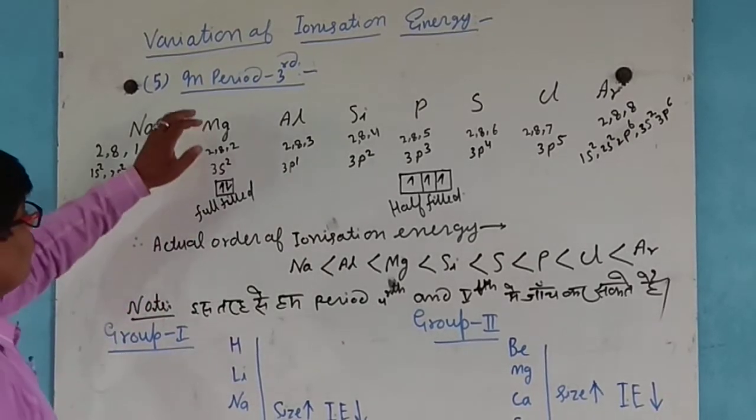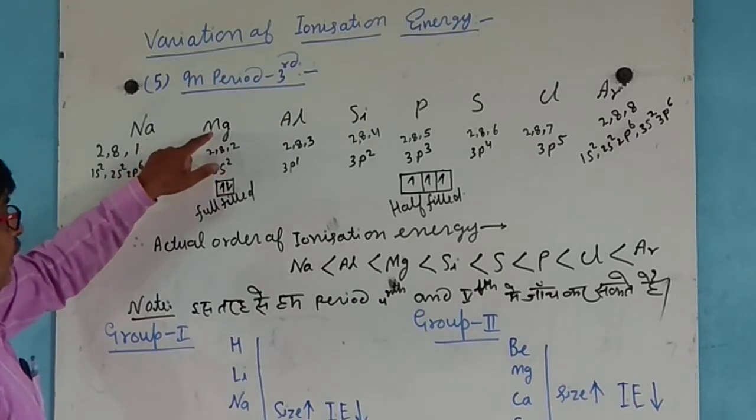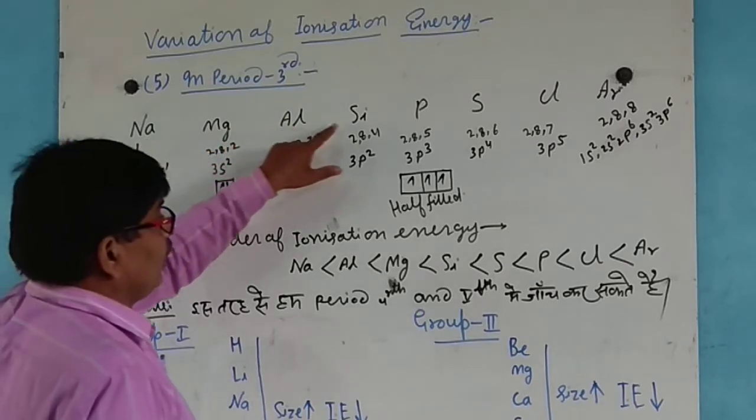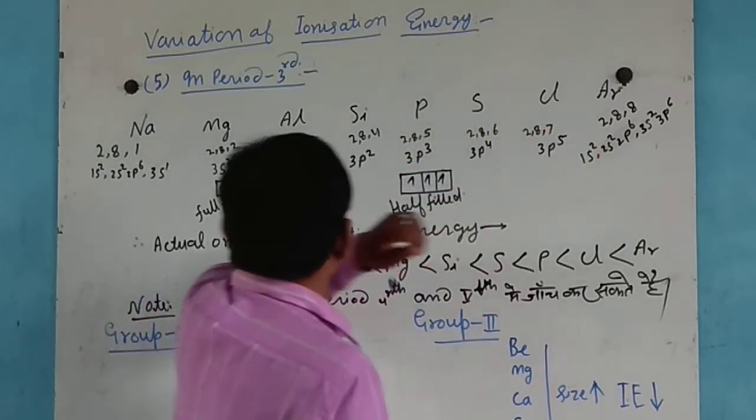Now in the third period: sodium, magnesium, aluminum, silicon, phosphorus, sulfur, chlorine and argon.